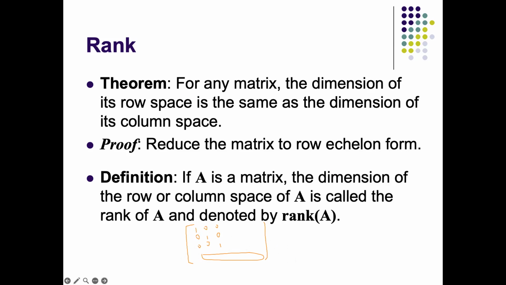It's also 3, right? So if you reduce the matrix to row echelon form and with enough discussion, you will find that the dimension of row space and the column space are equivalent.